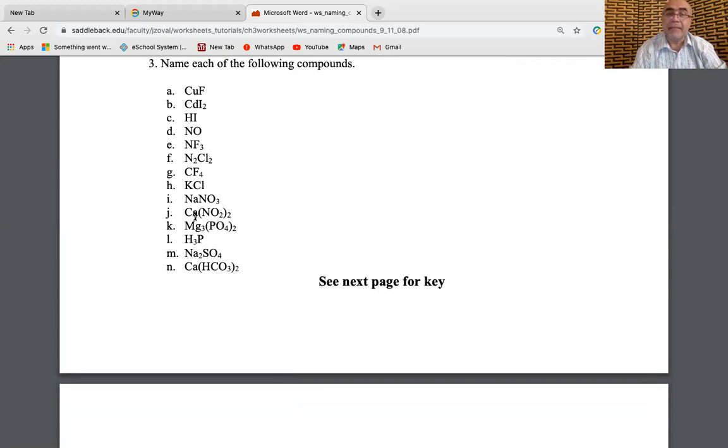Ca, calcium nitrite. Why can you not say here calcium(II)? That's because group 2 is +2, fixed, not a transition element. This one is calcium nitrite.